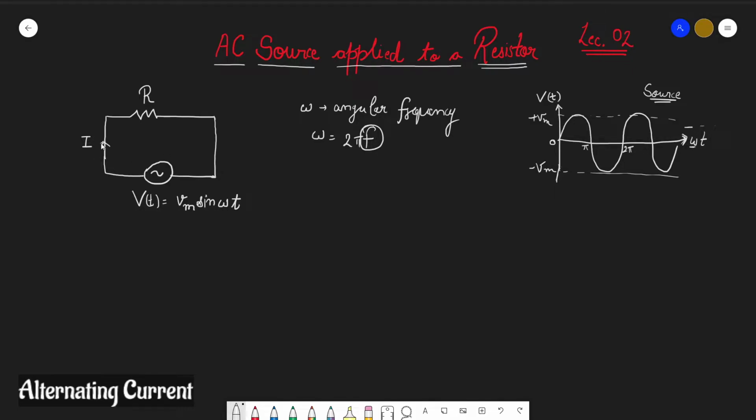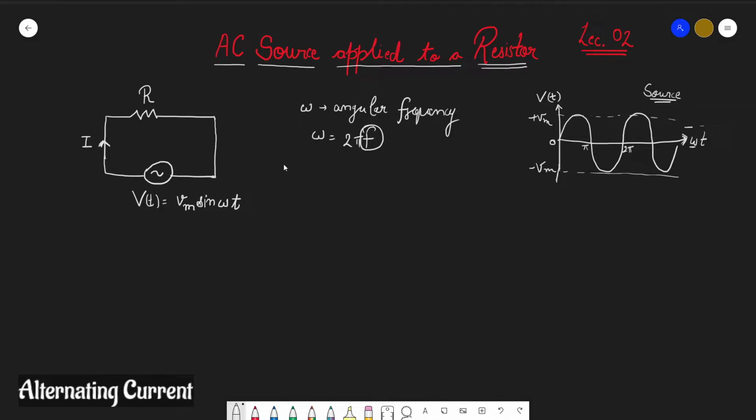Obviously the current flowing is I, and I have marked its direction. I will consider the current positive if it is according to my convention, and negative if it is against the noted convention.